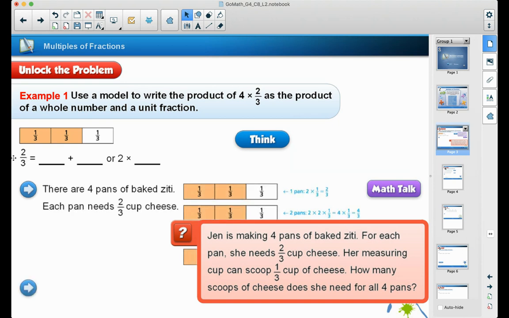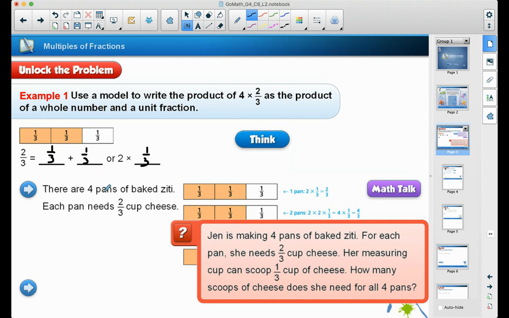We know 2/3 is equal to 1/3 plus 1/3, or 2 times 1/3. So for 1 pan, she needs 2 times 1/3.